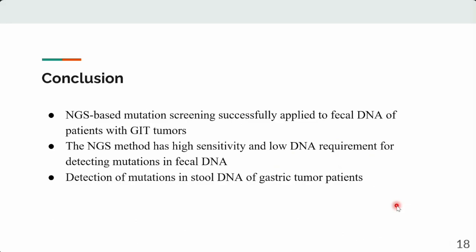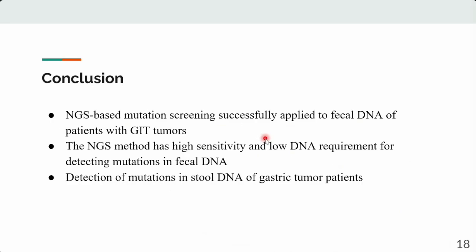So in our conclusion, the study demonstrates the successful use of NGS technology in the detection of fecal DNA mutations in patients with gastrointestinal tumors. These included patients with colorectal and gastric cancers, highlighting the broad utility of NGS-based mutation screening.